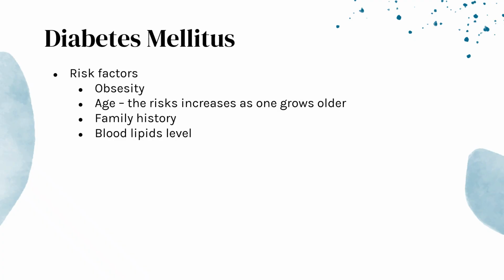It is linked to obesity, of course. And your lifestyle is ultimately one of the biggest risk factors. If your activity level is low and your diet is not balanced, the chances of you contracting diabetes is of course higher.